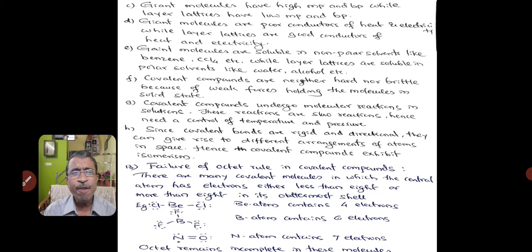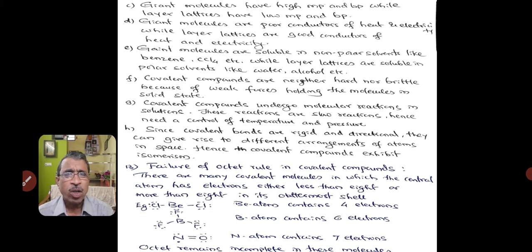Similarly, in boron trifluoride, the boron atom is attached to 3 fluorine atoms through covalent bonds, each giving 2 electrons, so there are 6 electrons on boron. Similarly, in nitric oxide, the nitrogen is attached to oxygen through 2 covalent bonds, so 4 electrons, 1 lone pair of electrons, making 6, and 1 unpaired electron, making 7.